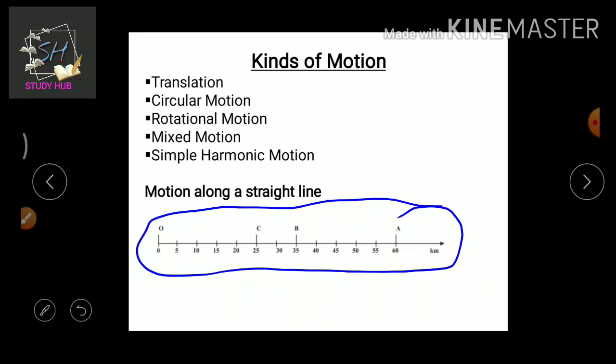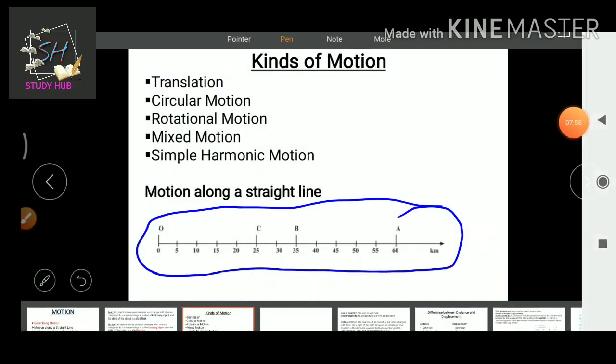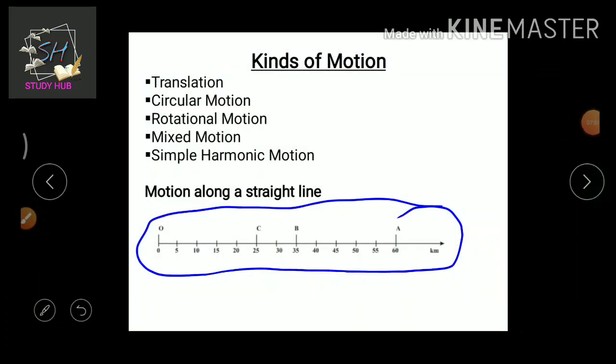That means in your NCERT books, as you can see, here is a number line like diagram. First the object is at 0, and then it moves along this straight line and it reaches A.